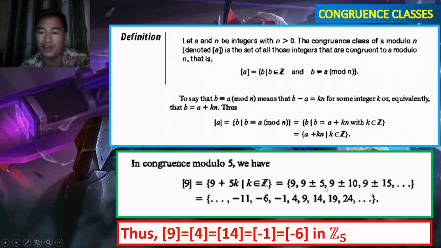If k is 2, then 5 times 2 is 10, and with k negative 2, it is minus 10.